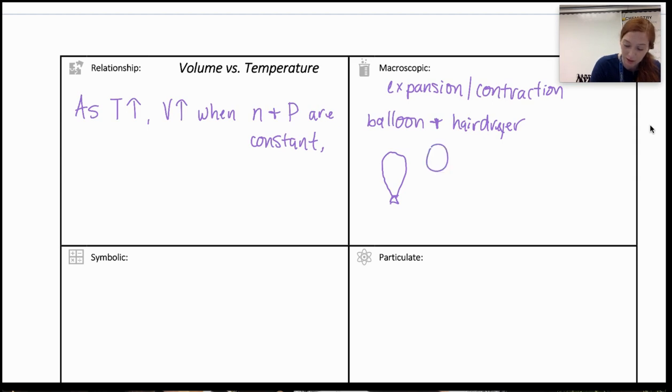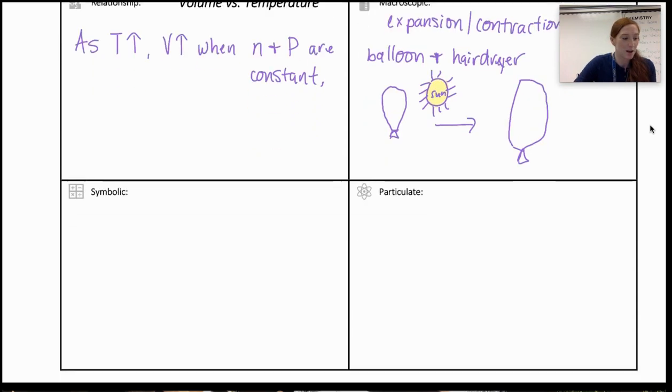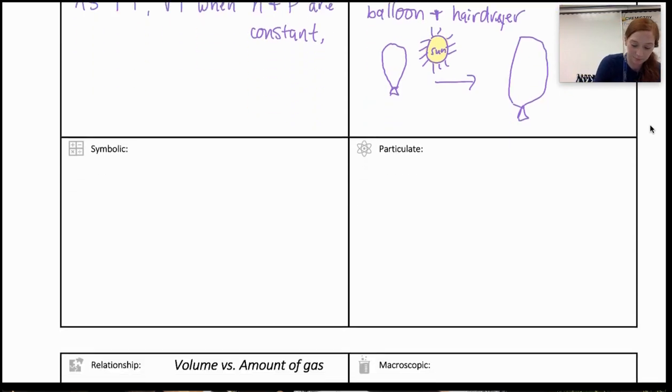I'm just going to draw like the sun. Let's make it yellow so you know that it is. And then we're going to show that this is a larger volume. Okay, symbolic relationship here. Temperature increases, volume increases, pressure and amount of gas are going to stay the same.